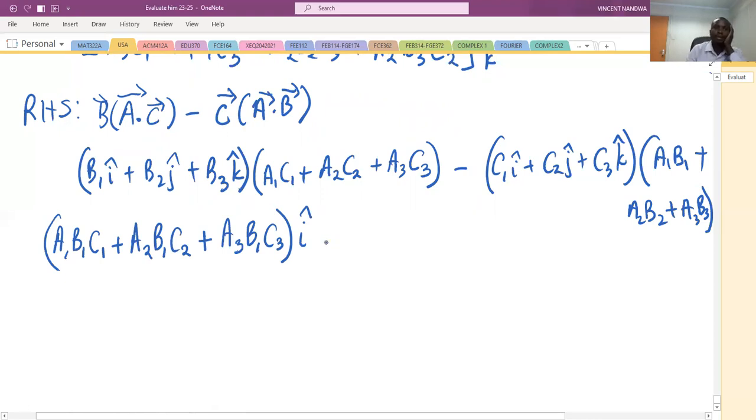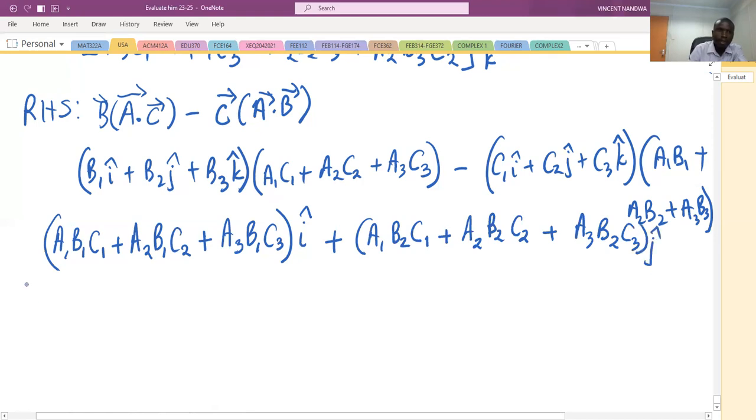And then plus, so we have A1 B2 C1 plus A2 B2 C2 plus A3 B2 C3 J, and then plus, so this one now B3, so A1 B3 C1 plus this time, we have A2 B2 and then C3 plus A3 B3 B3K.